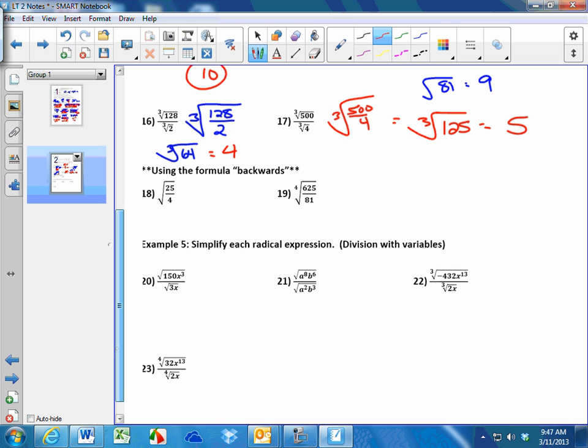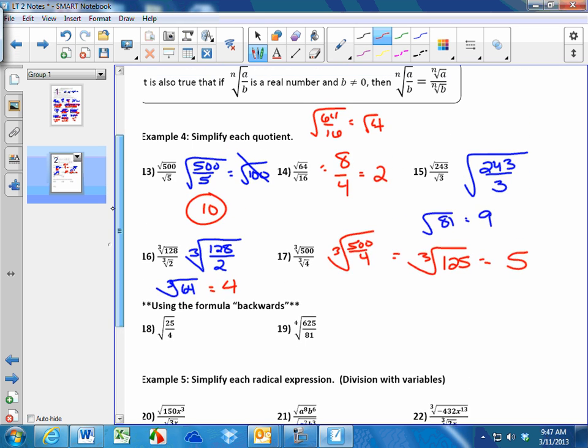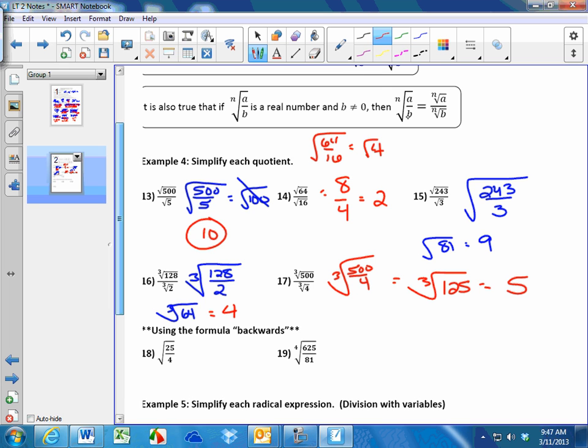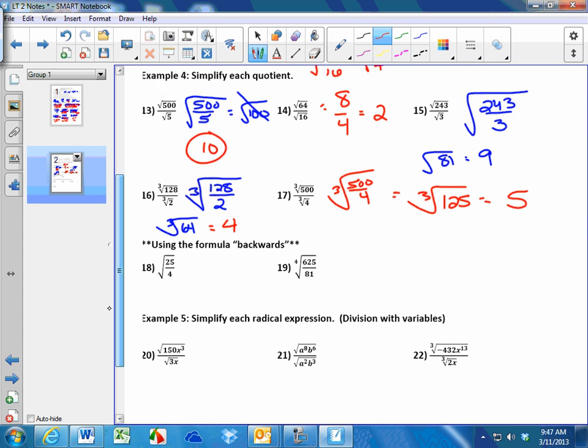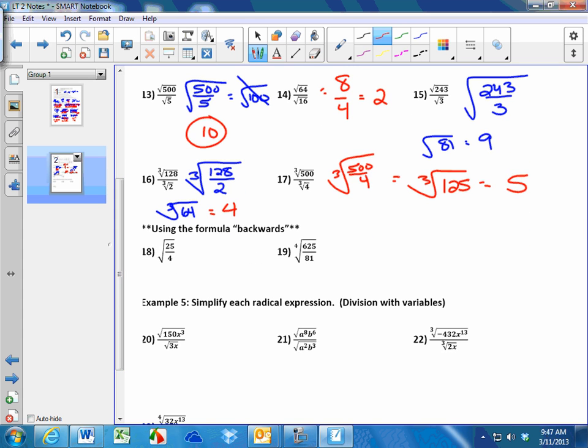In numbers 18 and 19, we're going to use the formula backwards. If you have a fraction as a radicand, you can break it up into two different radicals. In number 18, does 25 divided by 4 reduce for a fraction? No, it doesn't.